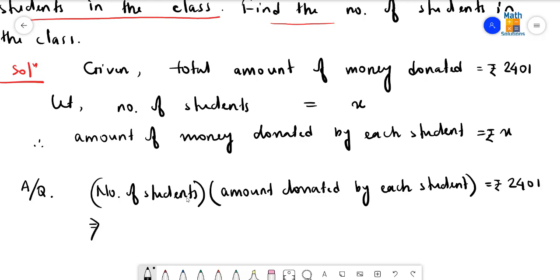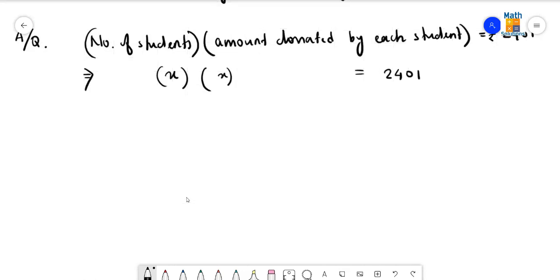This implies the number of students we had assumed as X, and at the same time the amount of money donated by each student is also X. So I shall be getting the result as 2401. And what do I get here? X square is equal to 2401.